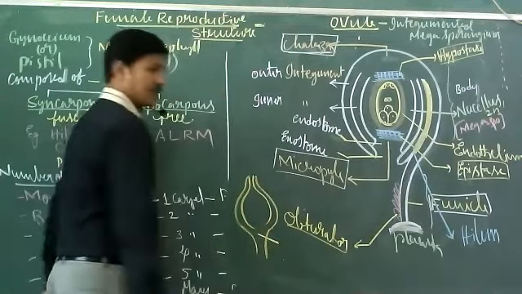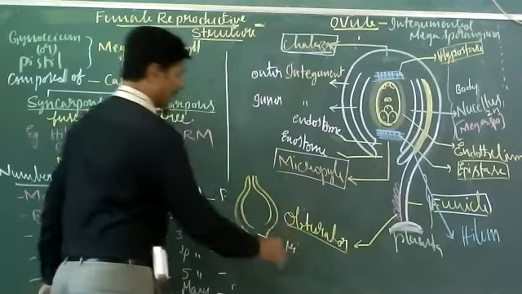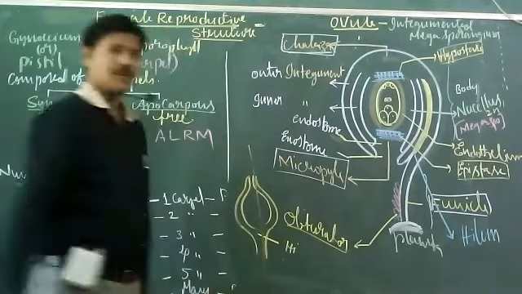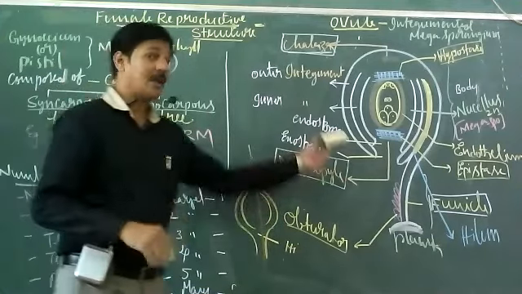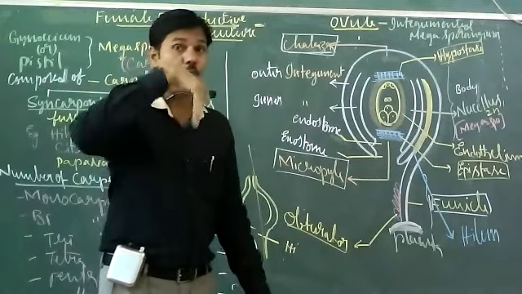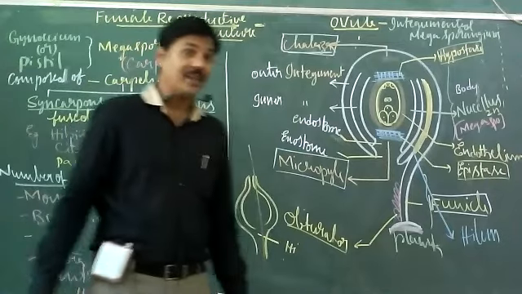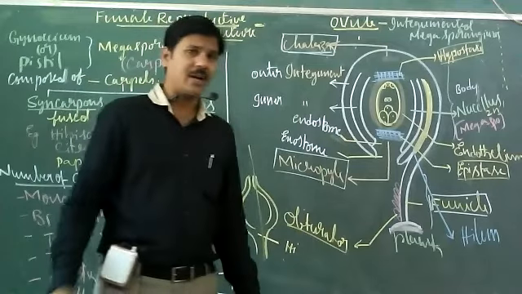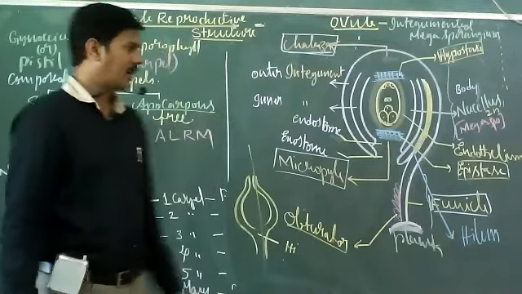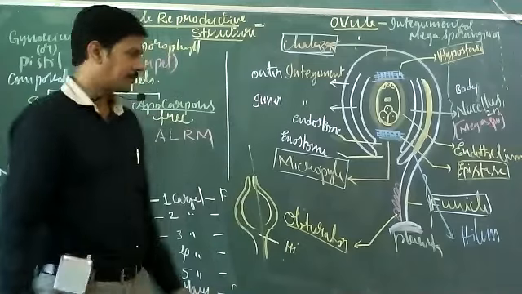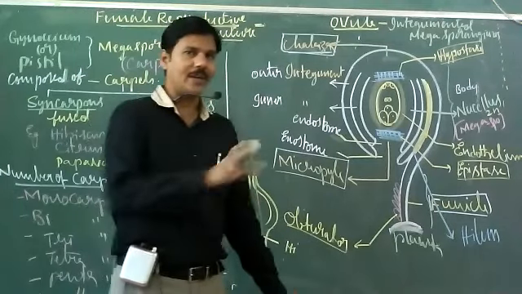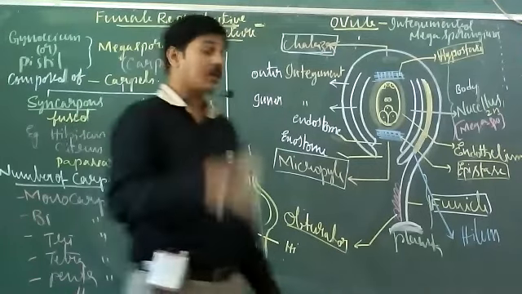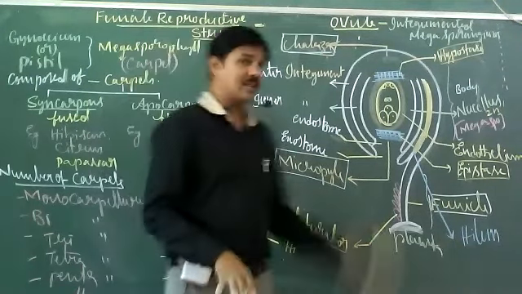This is the hilum. Why? Because this is a straight ovule, and that is an inverted ovule. For the inverted ovule, there is one more name. I'll find it and tell you; it is extra information, not needed for your level. So this is a straight ovule, this is an inverted ovule.